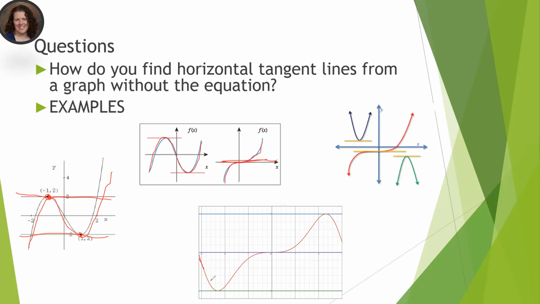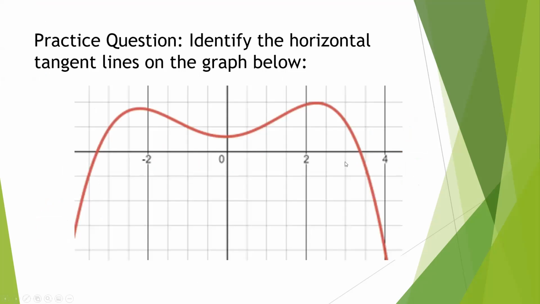And down here you have a tangent line at a low point, a tangent line at a high point, and then where it flattens out. So when you're looking for those tangent lines, you're looking for highs and lows and inflection points. For the scope of what we're doing, you're mostly going to see the highs and lows.